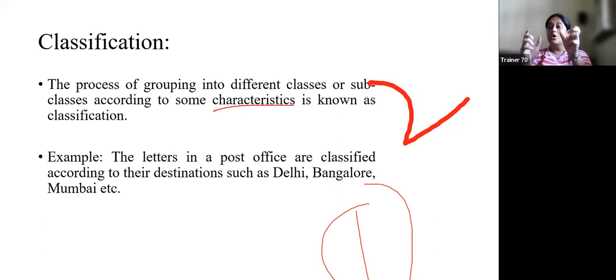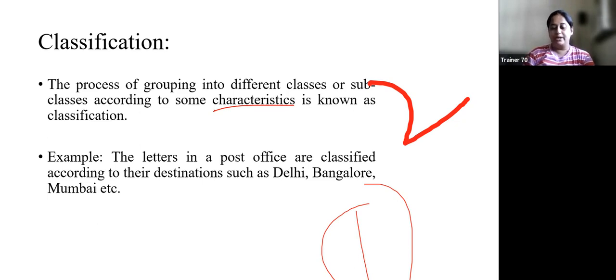On a particular characteristic, on the basis of a particular quality. जो सेम क्वालिटी वाली चीजें हैं वो एक साथ, जो अलग क्वालिटी वाली चीजें हैं वो सब एक साथ. So this is known as classification.